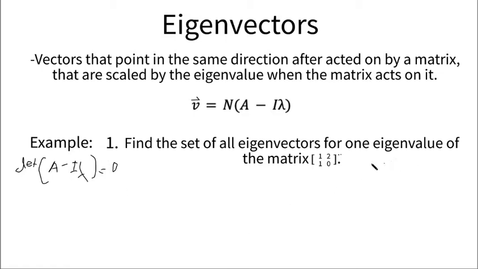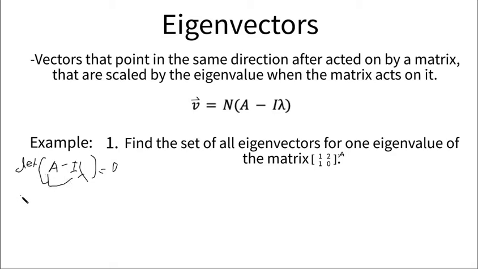Where A is 1, 2, 1, 0, that's the matrix we want to find the eigenvector of, and I is the identity matrix. It's 2 by 2, so it's just going to be 1, 0, 0, 1. And lambda is what we're solving for. So let's just find this part first.